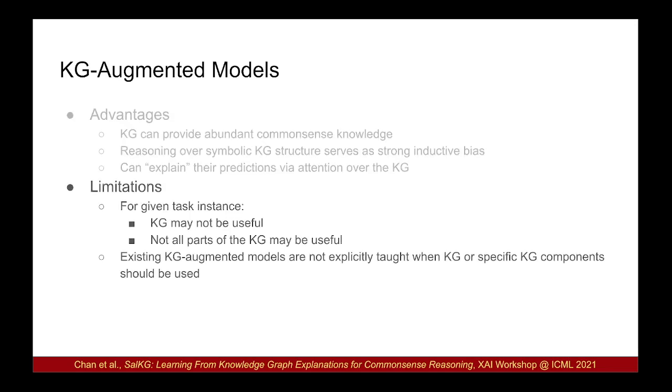However, KG augmented models also have some key limitations. First, for a given task instance, the KG may not be useful, and not all parts of the KG may be useful. Second, existing KG augmented models are only trained with the task labels and are not explicitly taught when the KG or specific parts of the KG should be used.